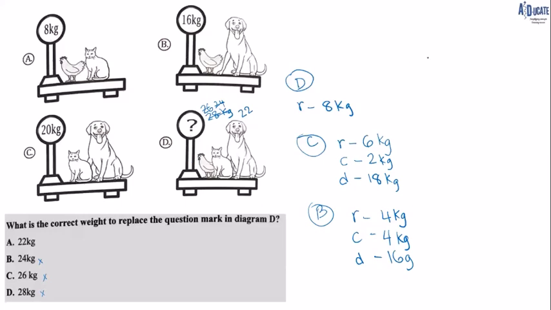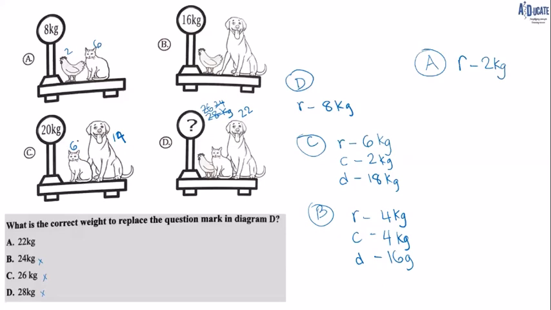So we're at A. The rooster added 2 kilograms. Let's see if it makes sense. If the rooster is 2, then the cat is 6. If the cat is 6, the dog is 12. Wait, no, 14. Yes, we got our math mixed up.